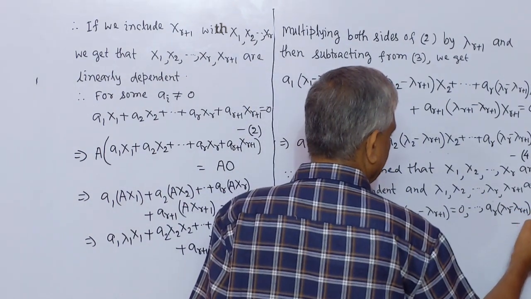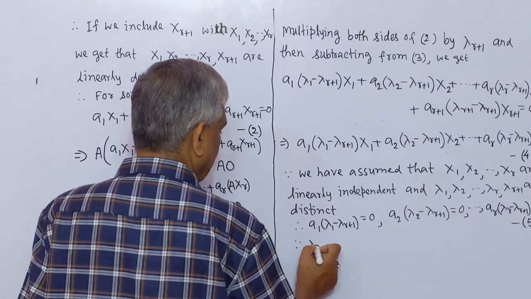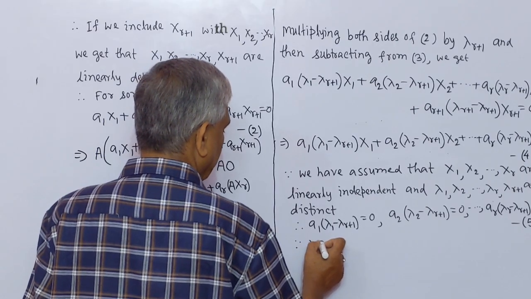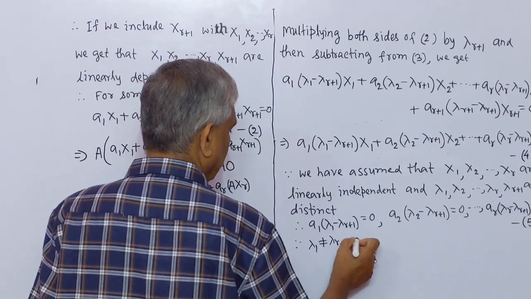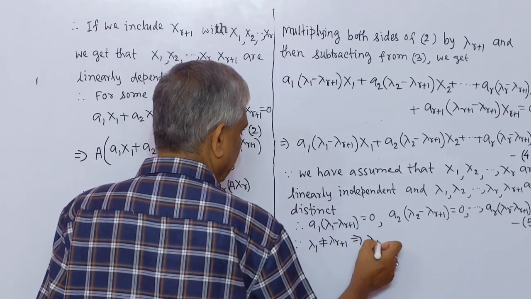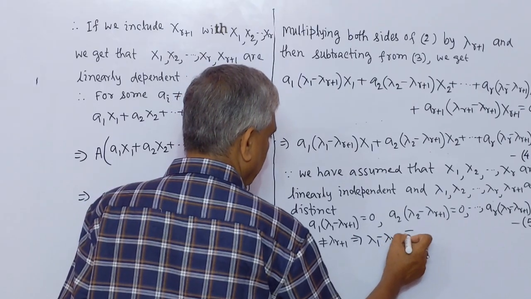This is number 5. Since lambda 1 is not equal to lambda (r+1), lambda 1 - lambda (r+1) is not equal to 0.